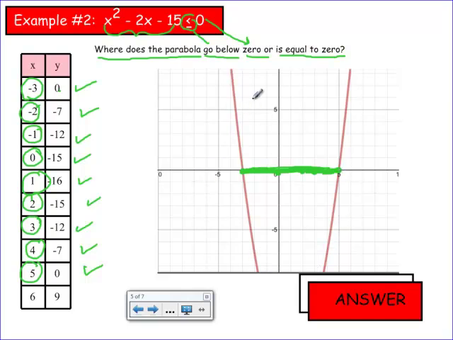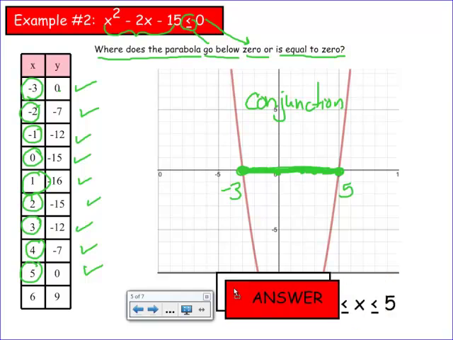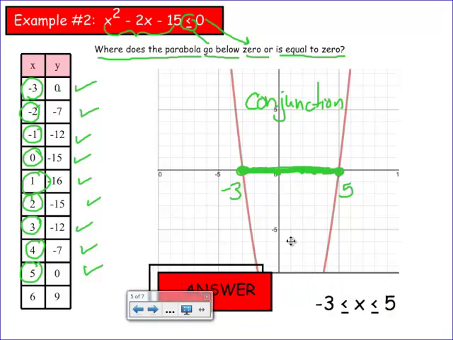So this is a conjunction because I'm joining the lowest point here, which is -3, and the highest point here, which is 5. So there's my answer. Any x value in between -3 and 5 makes the parabola go below 0.